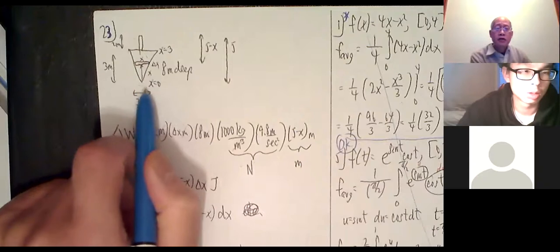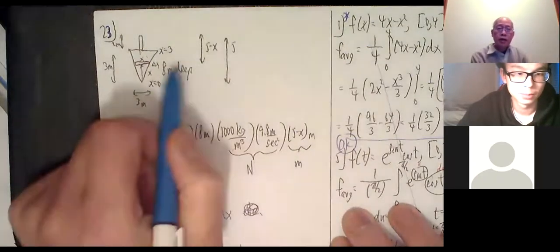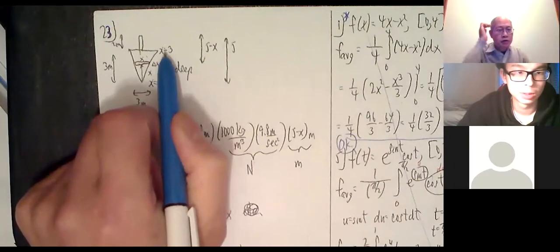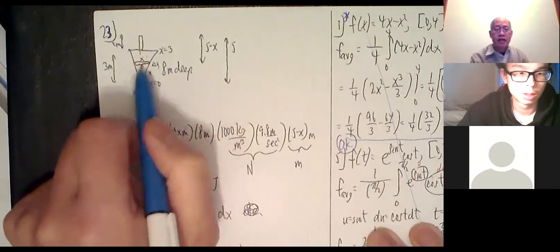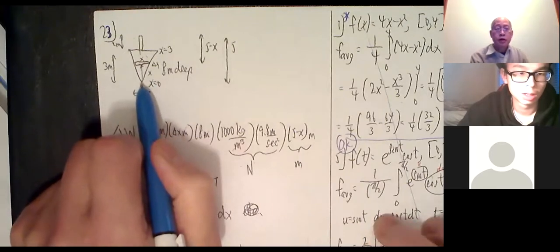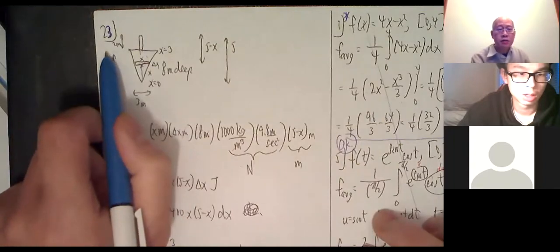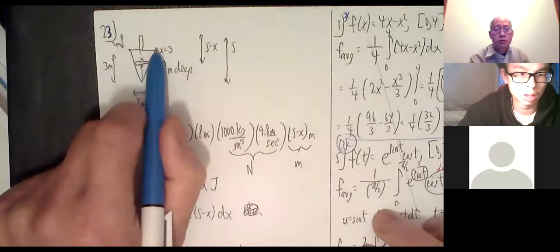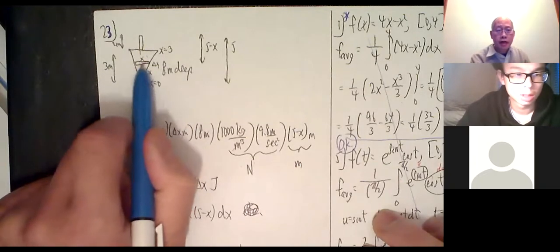I'm going to call this x equals 0. I'm going to call this x equals 3. Now you might be saying, well, how come the other time you put 0 here and you put the bigger number here? There's a reason for that. I'm taking advantage of similar triangles here from the picture. Now, by similar triangles, the ratio of the height to this length is equal to the height to the length here.